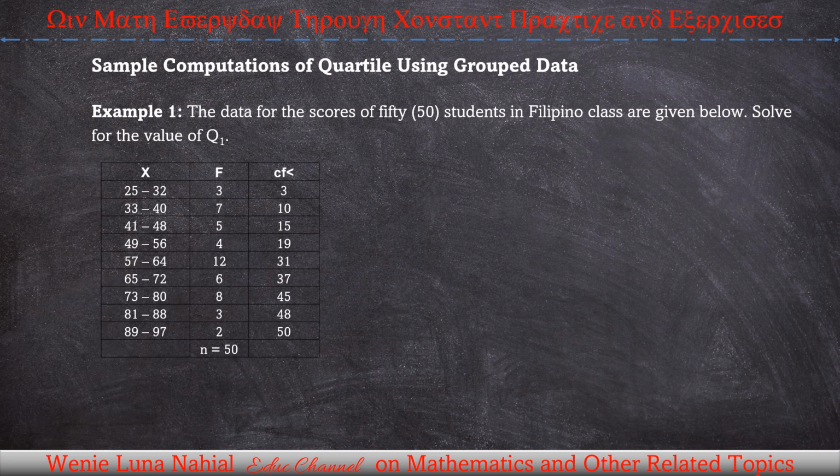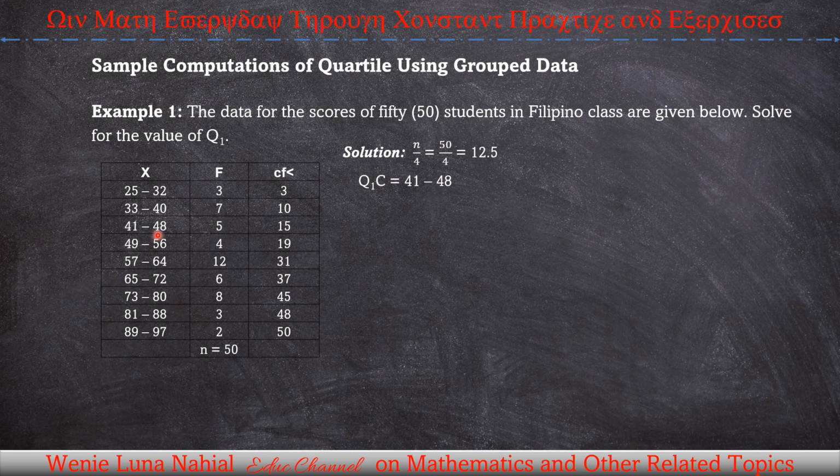So we have to determine the n over 4. So we have here n equals 50 because there are 50 observations. There are 50 students here. You have 12.5. So our quartile class is between 41 and 48. Why 41 and 48?